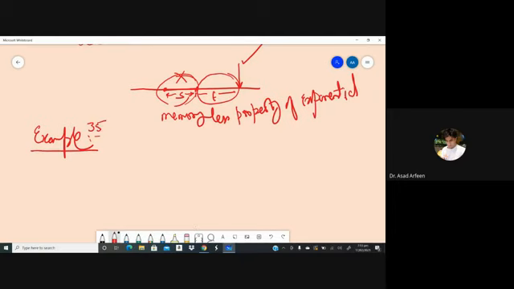They say that suppose a switch has two parallel links to another switch. Let me make a diagram of what the author says here. This is switch 1, this is switch 2.